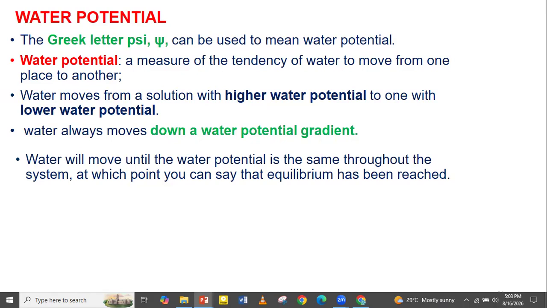So always we are going to have water molecules moving from a region of higher water potential to a region of lower water potential. And don't forget, water potential can be represented by this Greek letter psi. So whenever I find such a letter written, I'll know that means water potential. We are going to look at examples of questions where that is used.